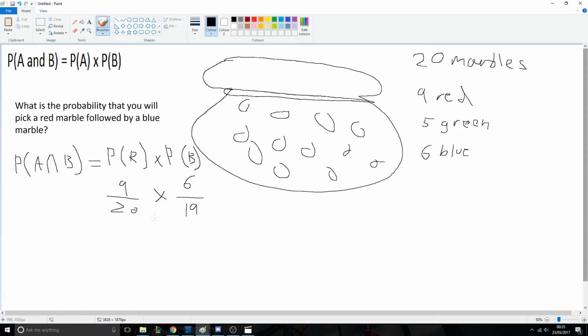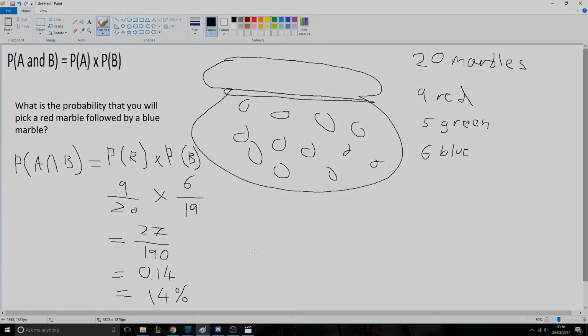So we just times this together. Let me just plug this into my calculator. 9 over 20 times 6 over 19, which gives us 27 over 190, which is also equal to 0.14, which also equals to 14%.